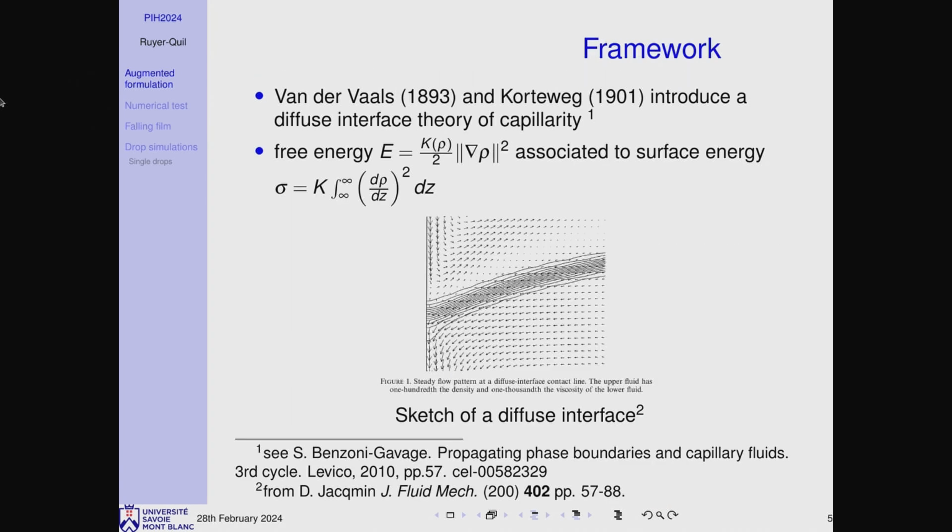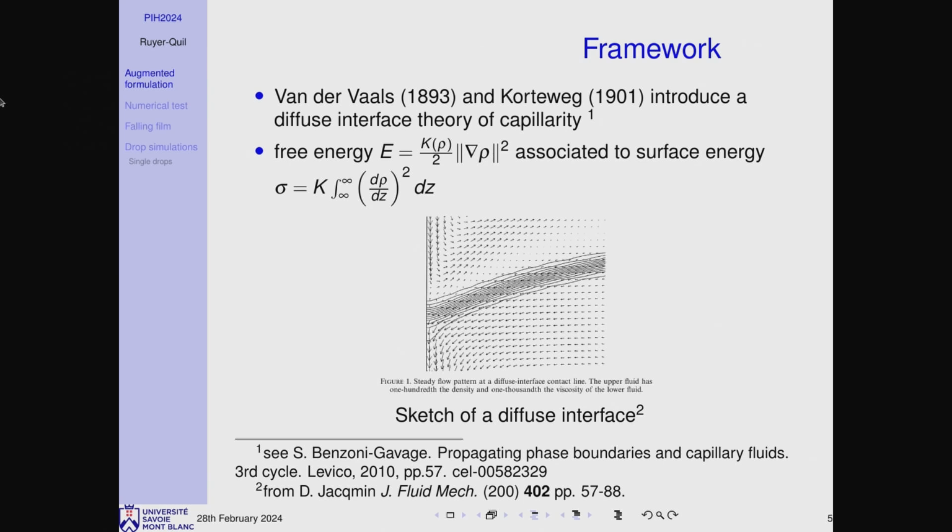The general framework of what we will do comes from two ideas from Van der Waals and his student Korteweg, where they consider an interface as being diffuse. They considered continuous variations of density between the liquid and the gas phase, and they expressed the surface energy through the gradient of the density.